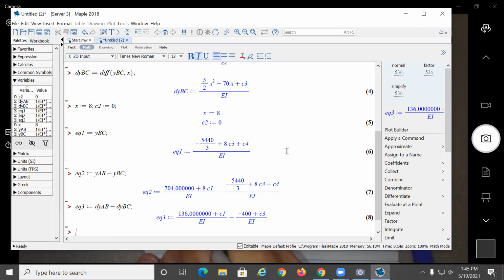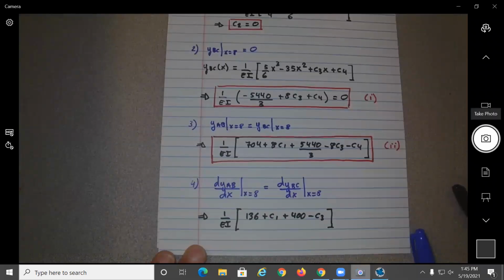This is going to give us that 1 over EI of 136 plus C1 plus 400 minus C3. Okay, that's what I'll copy here.